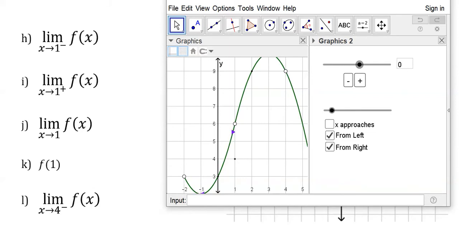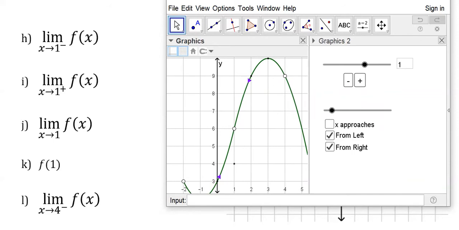I'm going to go up to 1, and so there's 1. Watch what's happening as I approach from the left and as I approach from the right. Who can describe what's happening to help us answer all of these questions?